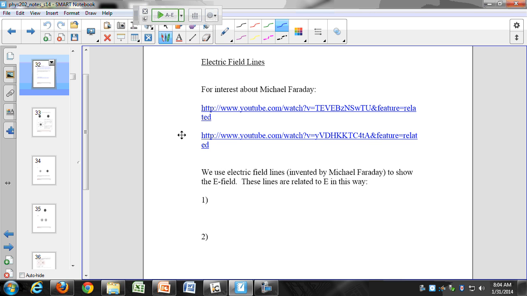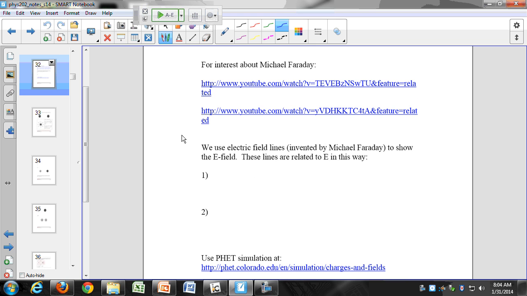Michael Faraday developed the idea of electric field lines, and these are just a tool to describe electric fields. And they're used to describe other fields too, like gravitational fields. There are a couple of rules about electric field lines. First of all, the electric field is tangent to the field lines. I'll show you what I mean by that in just a second.